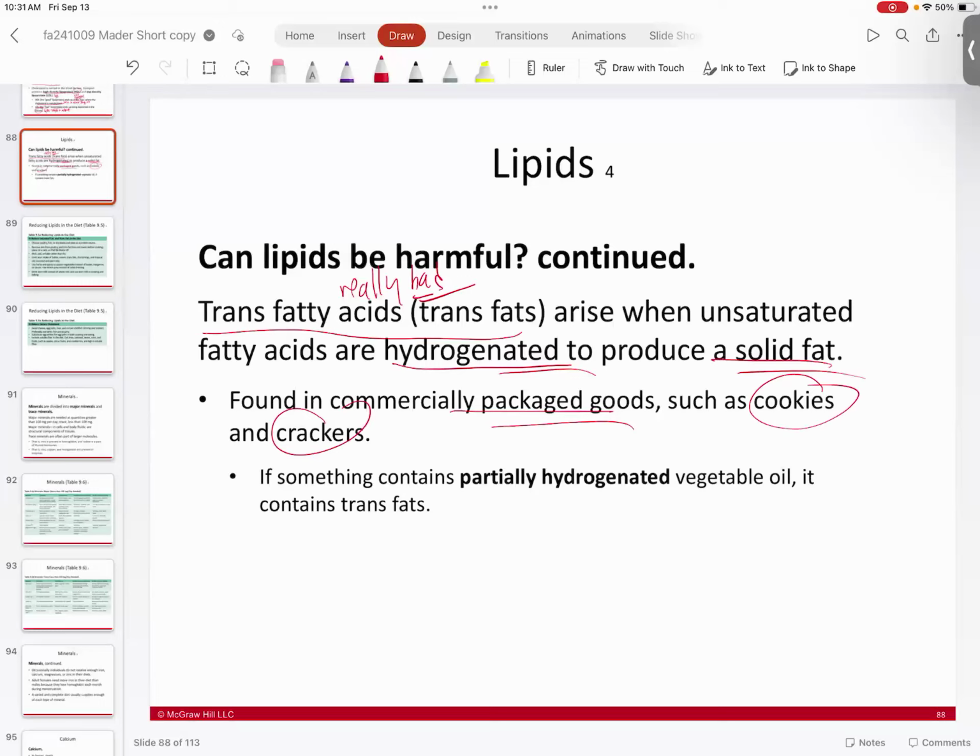Whenever you see "partially hydrogenated" some sort of oil in the list of ingredients, that is trans fat. So this is basically artificial. We create this as a preservative.